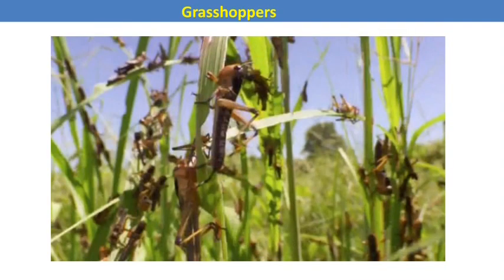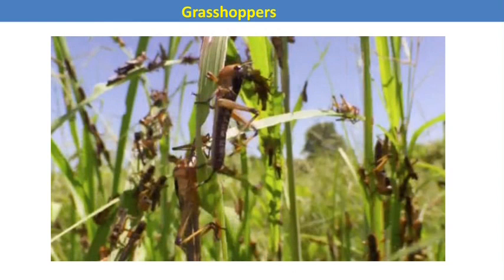And then the next one is the grasshoppers. The grasshopper is not a major pest but a minor pest, and it attacks the leaves. After male and female mating, in the Kharif season, the grasshopper lays its eggs inside the soil, and after hatching from the eggs, nymphs emerge.